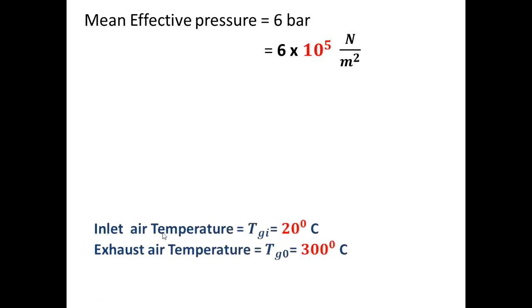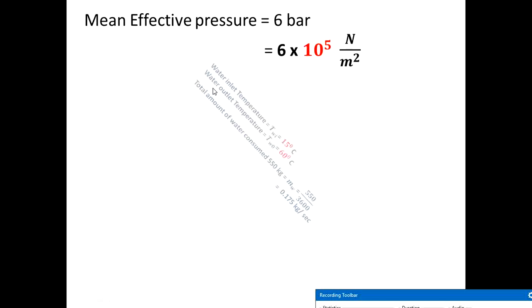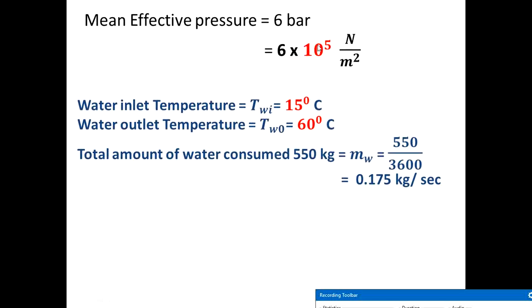Inlet temperature of the gas is 20 degrees Celsius, exhaust is 300 degrees Celsius. Mean effective pressure is 6.5 × 10^5 Newton per meter square. Water inlet temperature is 15 degrees Celsius, water outlet temperature is 60 degrees Celsius.